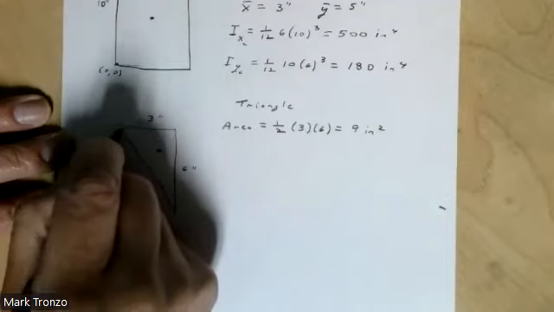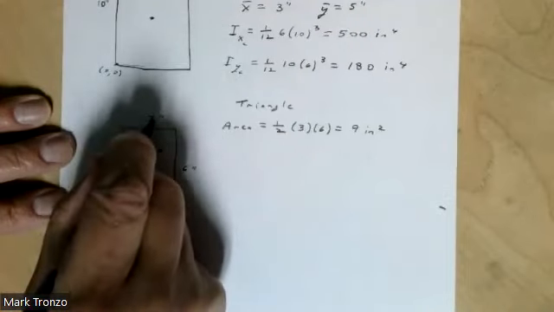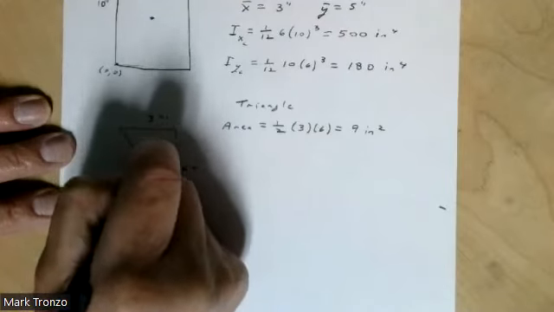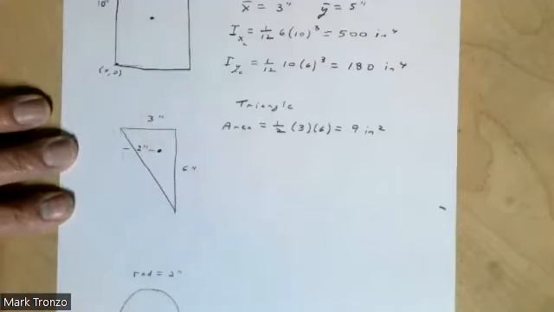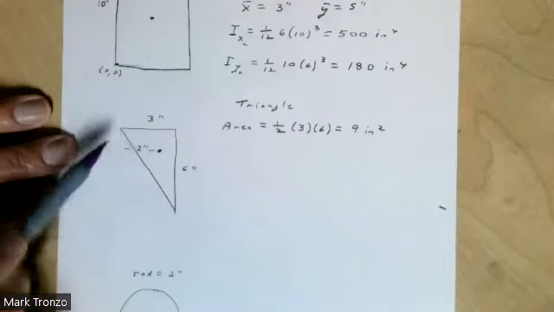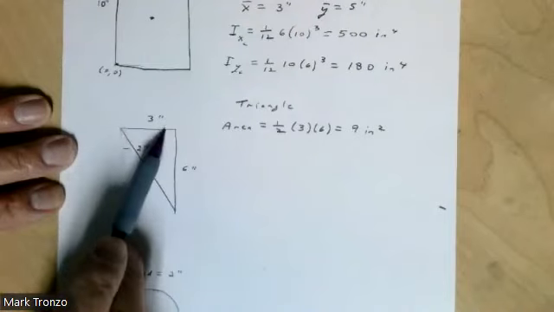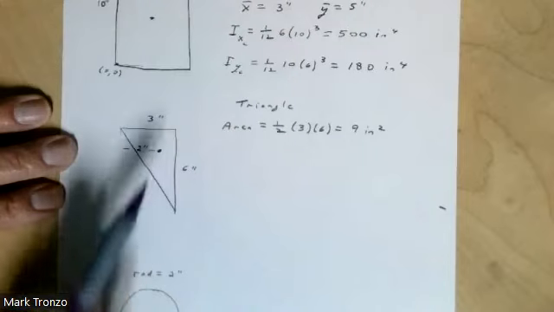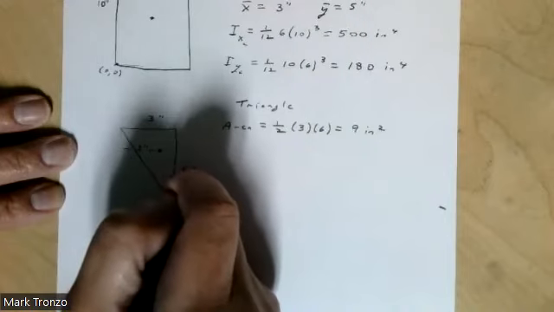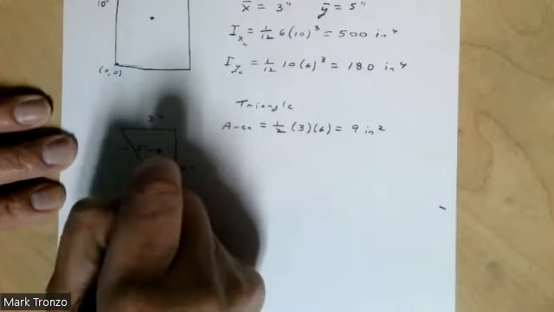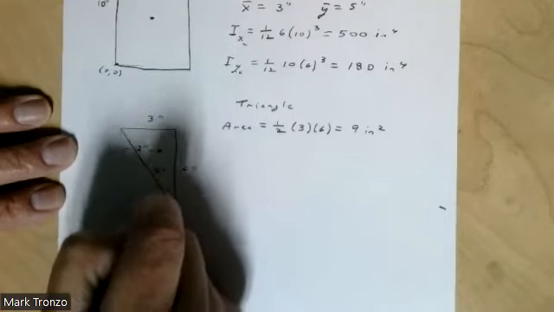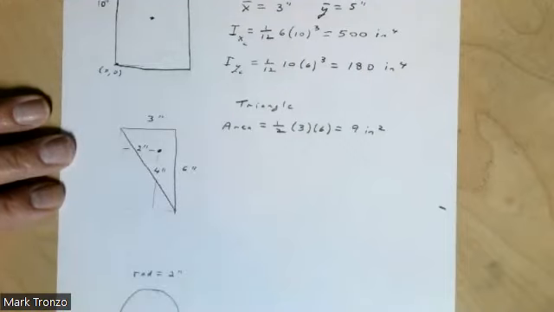From this edge, it's going to be 2/3 of this, or 2 inches. I just took 2/3 of 3 to get that. And then for the Y bar, it's 1/3 from this long side, or 2/3 from the bottom. That's 2/3 of 6, which is 4. So it's going to be 4 inches up this way.